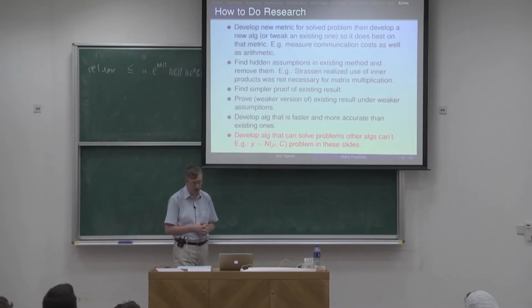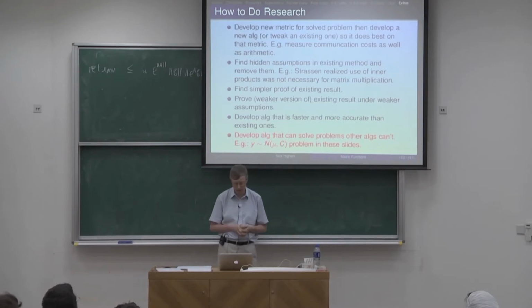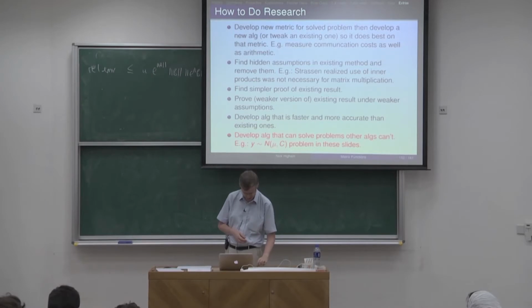So it's always good if you can find a problem that hasn't yet been solved and solve it. Or make up the problem that you then proceed to solve. But you have to convince people it's worth solving, I suppose.